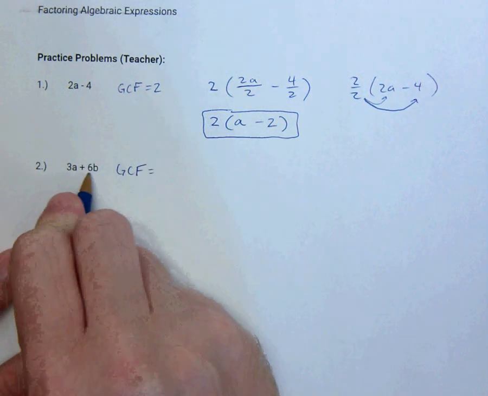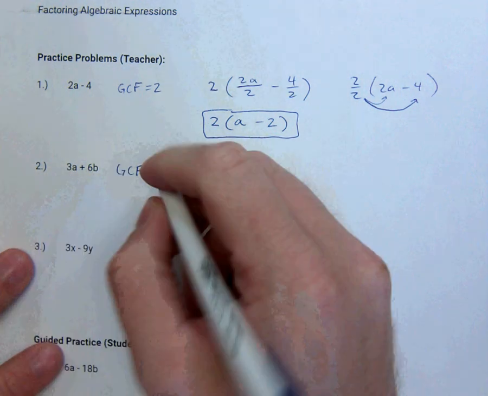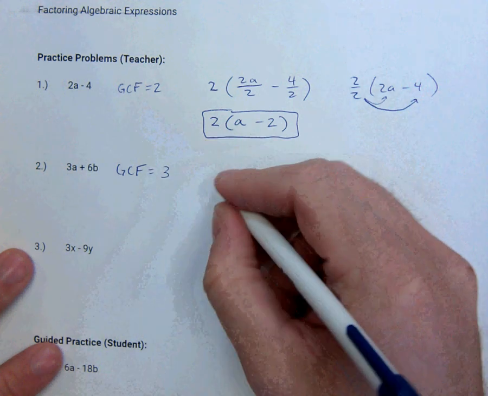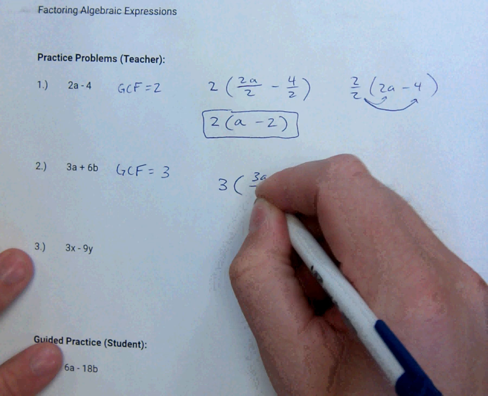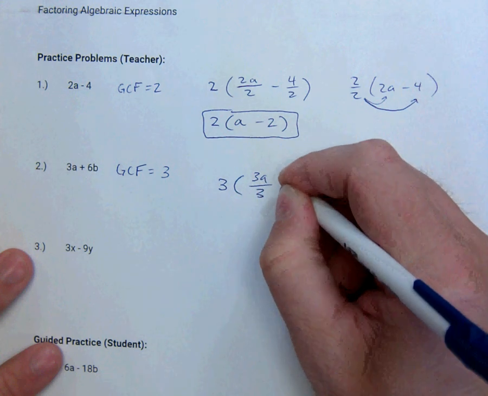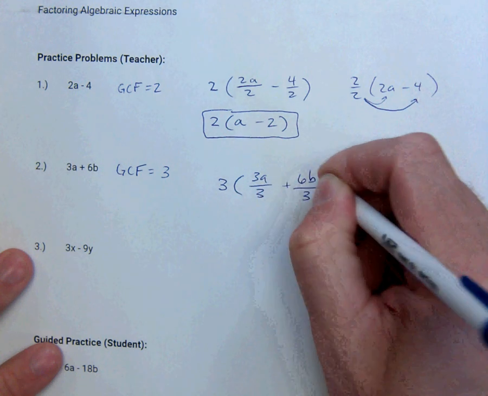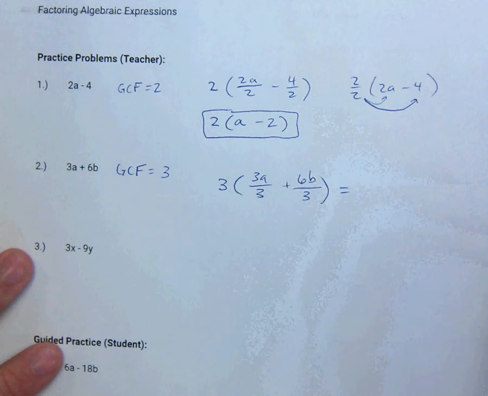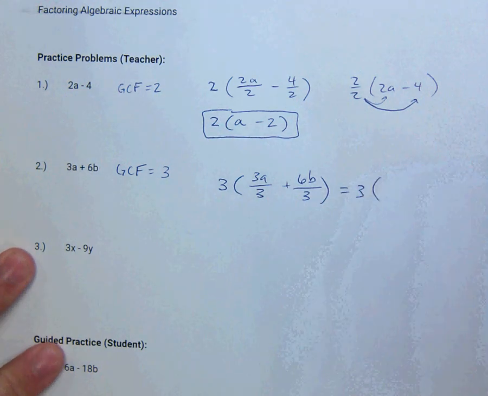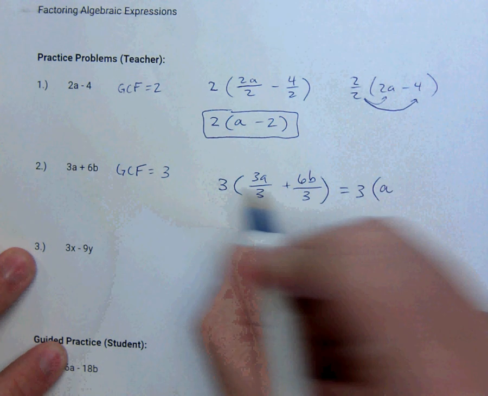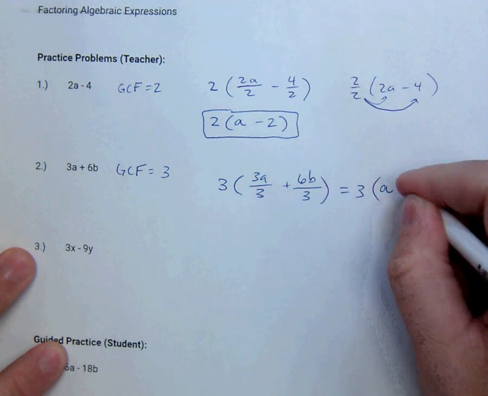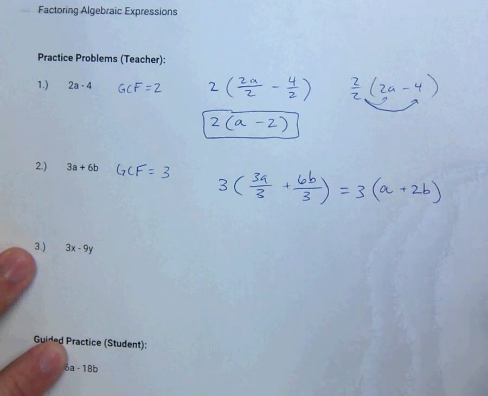So the GCF of 3 and 6, well, 3 goes into 6, so it's going to be 3. 3 goes on the outside. We have 3a divided by 3 plus 6b divided by 3. 3 divided by 3 is 1, so that's 1a. 6 divided by 3 is 2, so that is 2b.